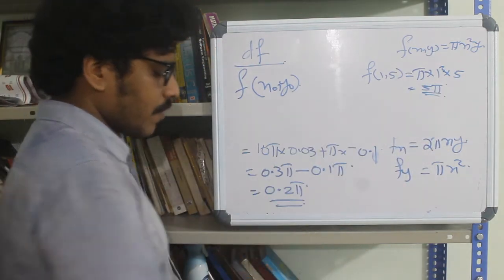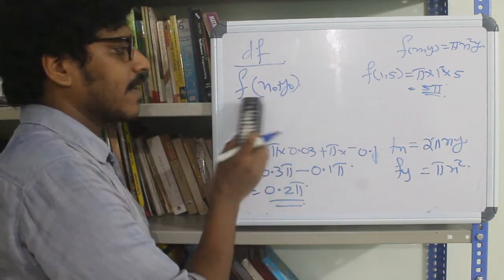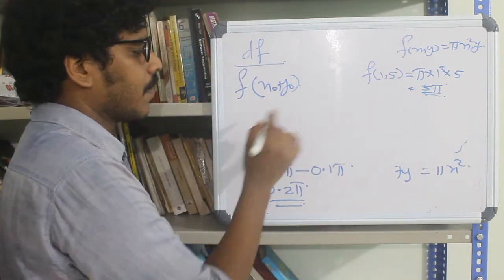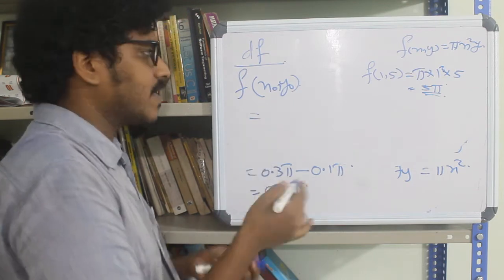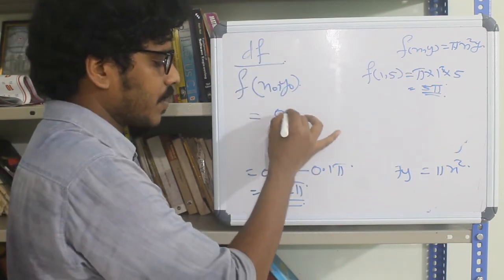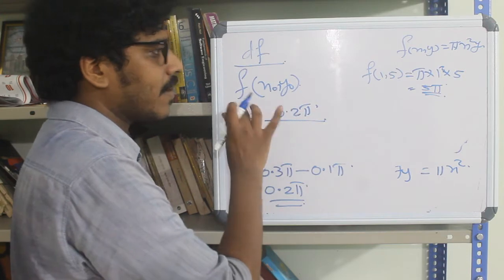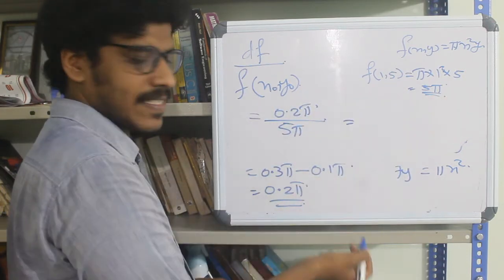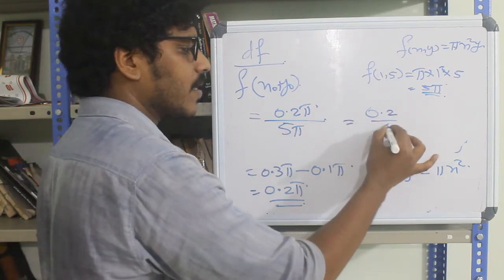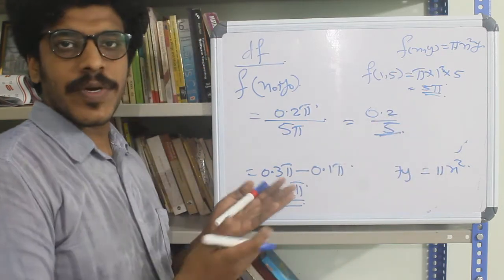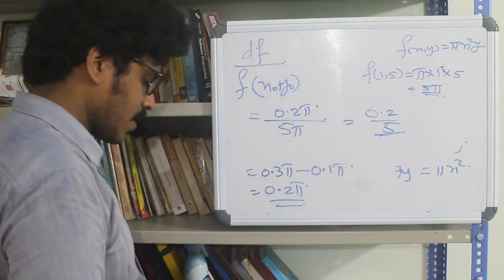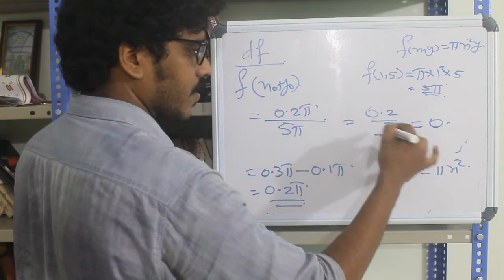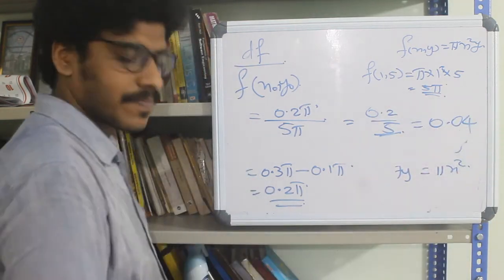So now we have the value of df and f of (x0, y0), which can be used to find the relative change. df is 0.2 pi and f of (x0, y0) is 5 pi. So the relative change is 0.2 by 5. If you want to, you can further simplify this. On further simplification, this will be 0.04. Right.